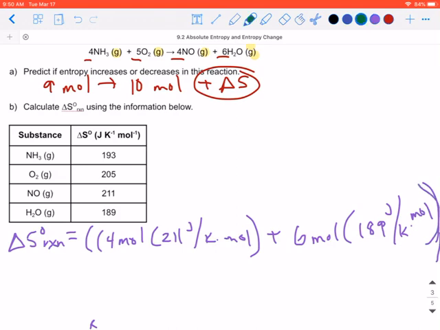Then I'm going to subtract my reactants now. So I have 4 moles of NH3, and the entropy of that is 193 joules per Kelvin times moles. Plus I have 5 moles of O2.